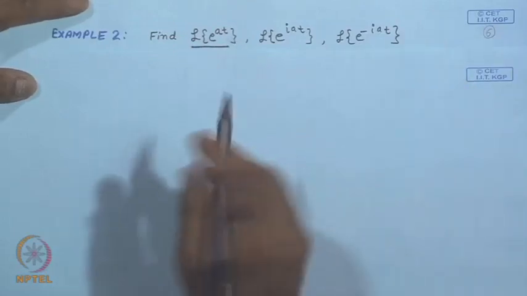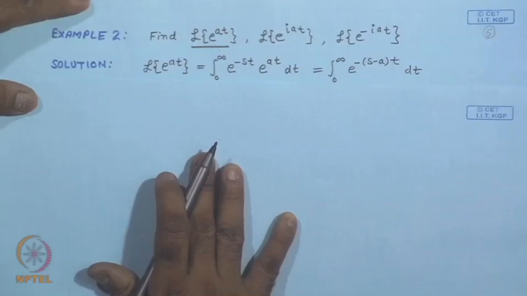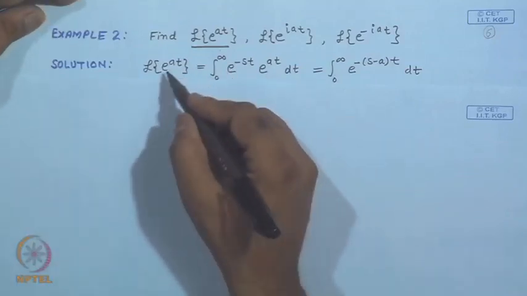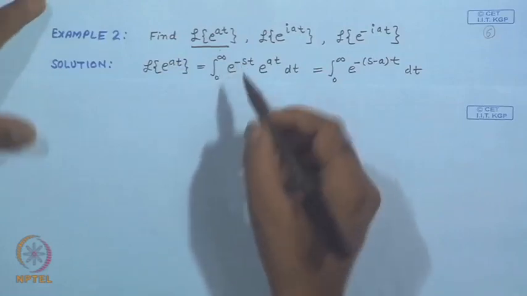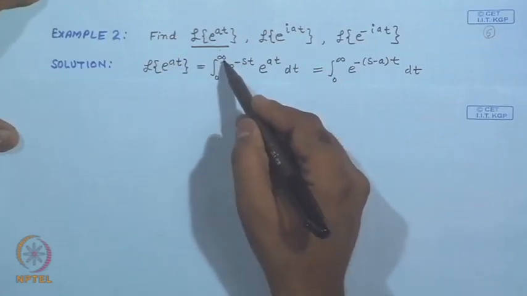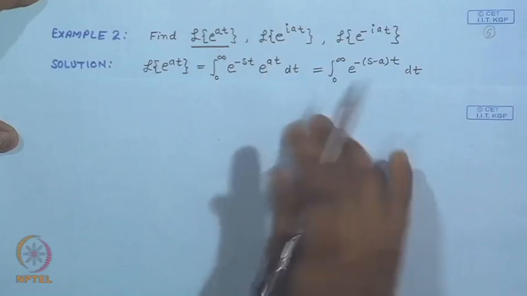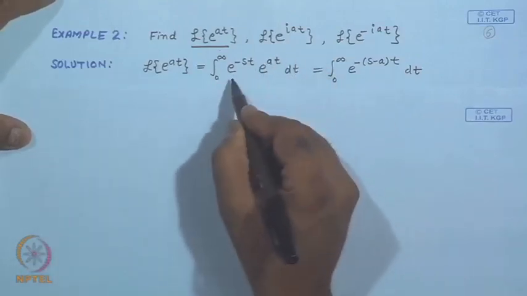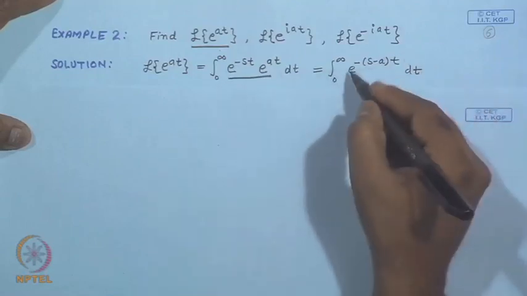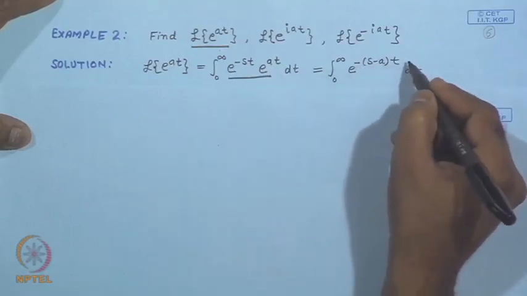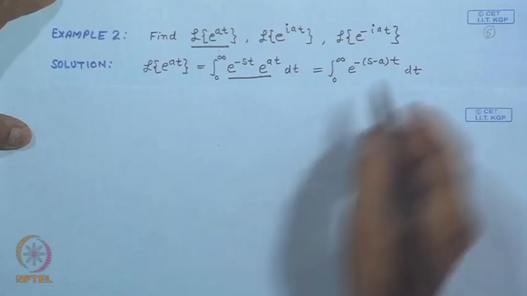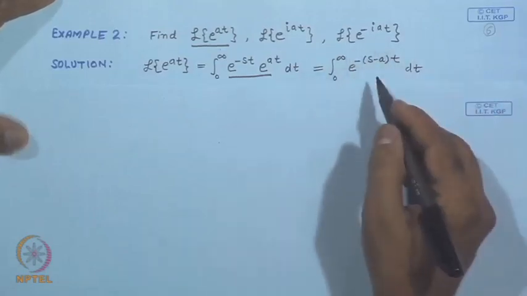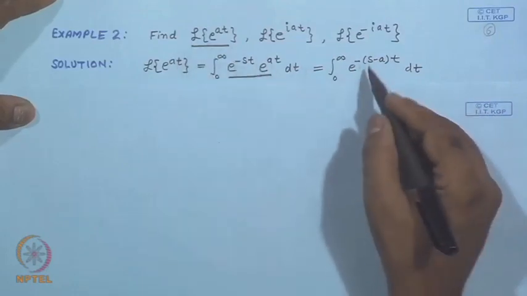We first take the Laplace transform of e power a t, and as per the definition that is the integral from 0 to infinity of e power minus s t times e power a t dt, and then we can combine these two to get the integral from 0 to infinity of e power minus (s minus a) t dt. And again it is very similar to what we have done for finding the Laplace transform of 1.